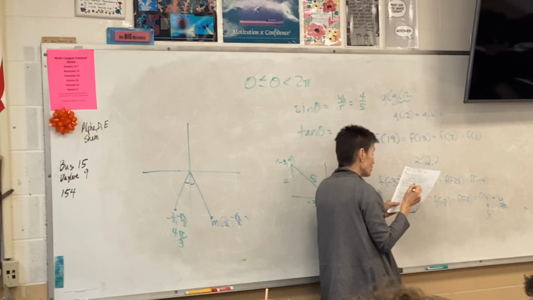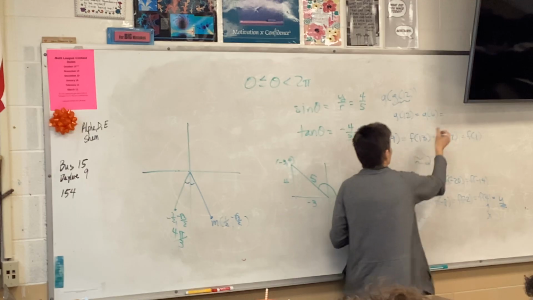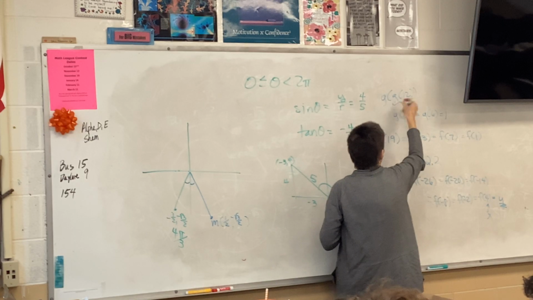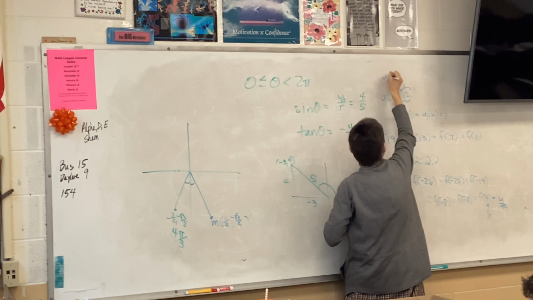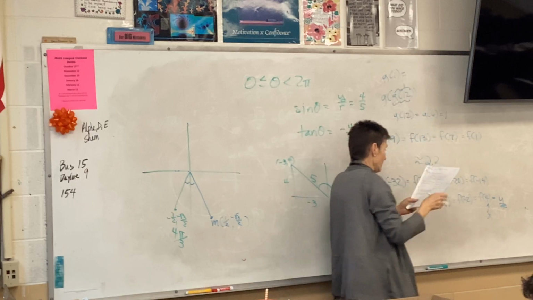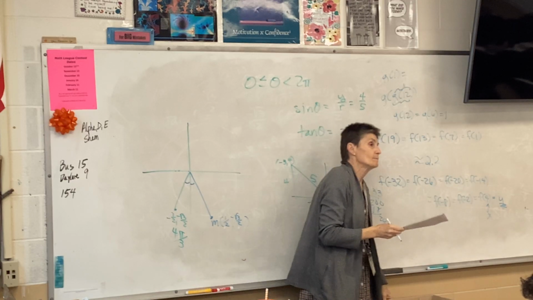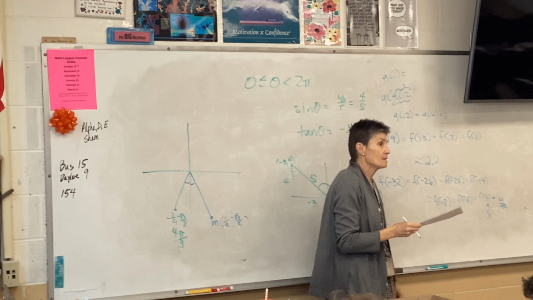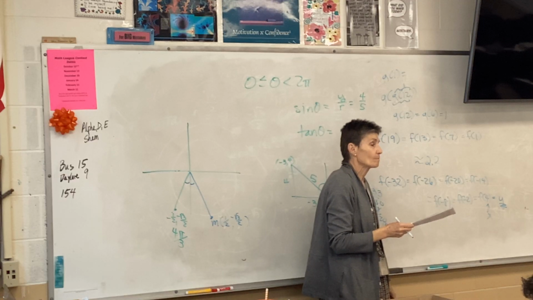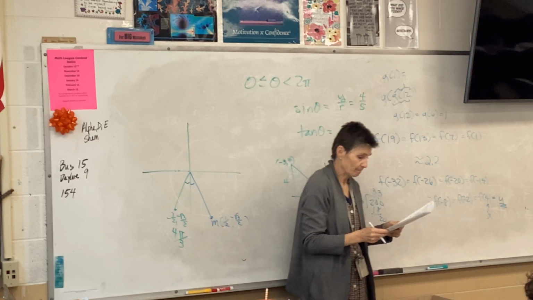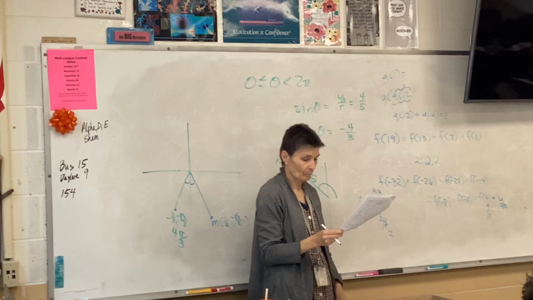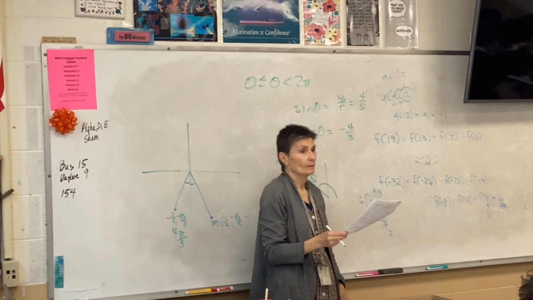Do I have that in my chart? Yes, it's 1. So now I have to find g of 1. Oh, and that's in my chart. So the answer to the question is 2. You good?